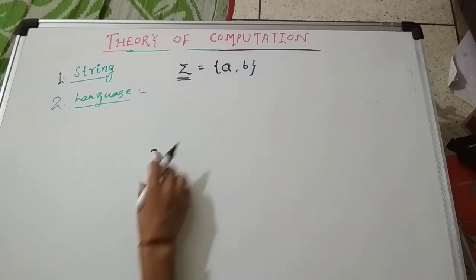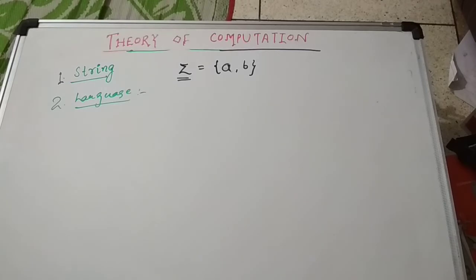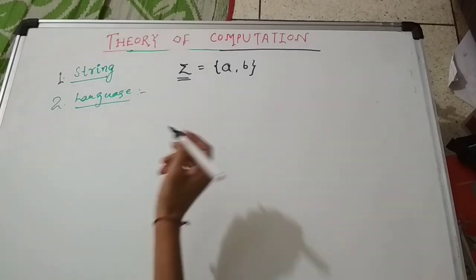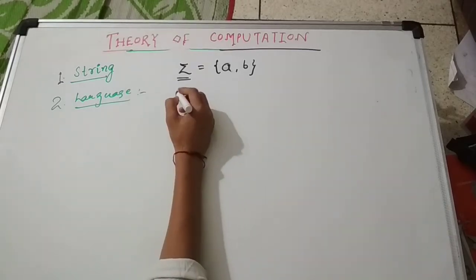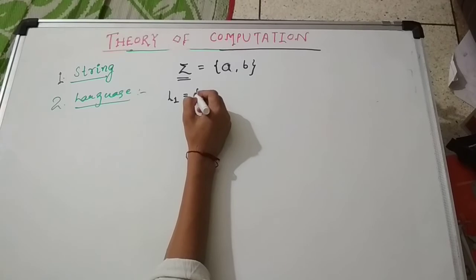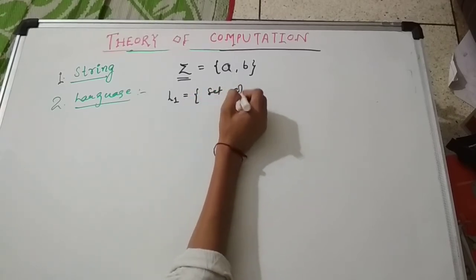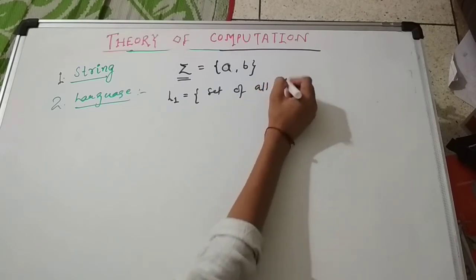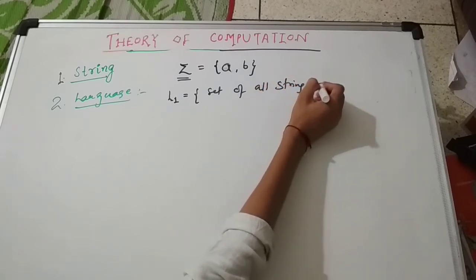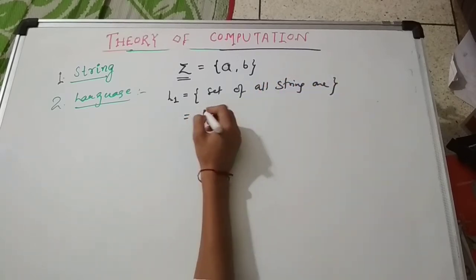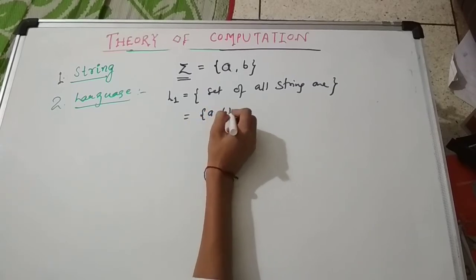This is a symbolic representation of alphabets. Then there can be different languages over that. Imagine languages like the set of all strings of length 1, that can be a and b.